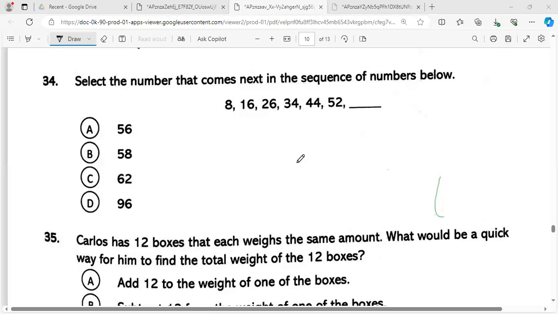I think that is 62. All right, guys, do we agree that it's 62, class? Sir, can I say why 62? Say it fast, please.